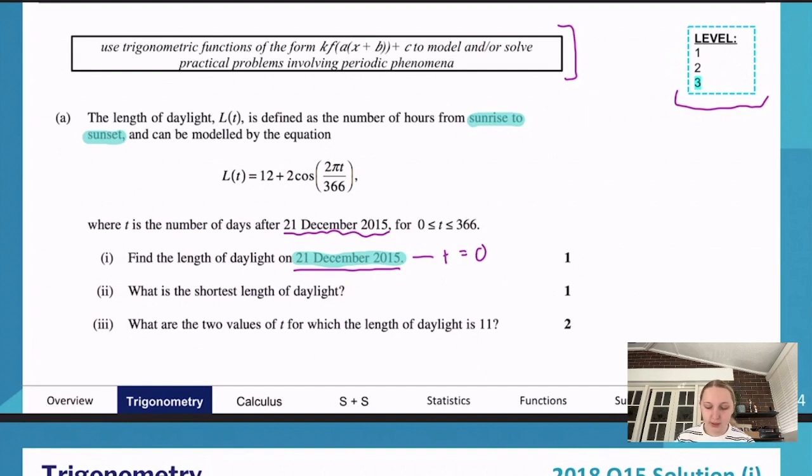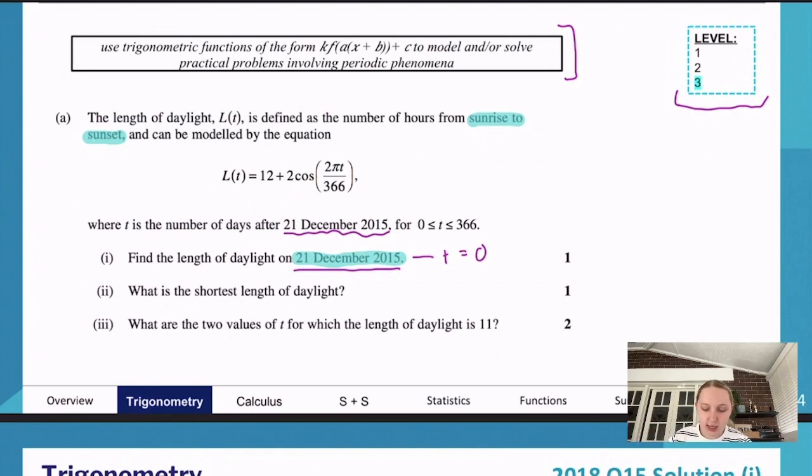So when we're looking at what the shortest length of daylight is, we're thinking about being between 1 and -1, right? When we're thinking about our shortest length of daylight impacting our amplitude, okay? So if we didn't have this 2 here, our amplitude, so like how tall our graph's going up, how short it's going down, is just 1 to -1, just based on our basic cos graph, right?